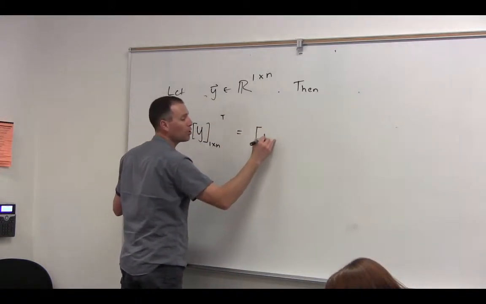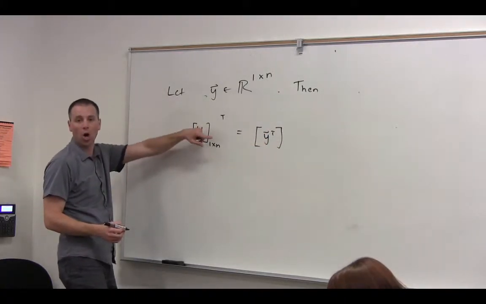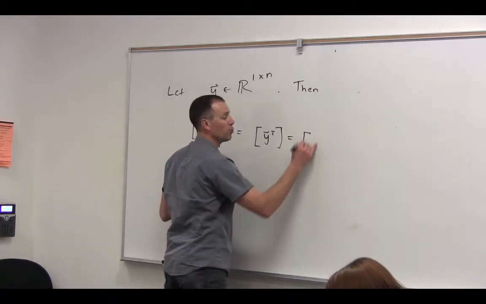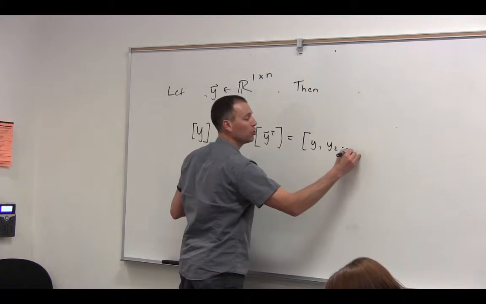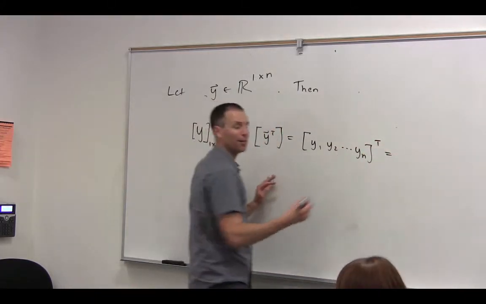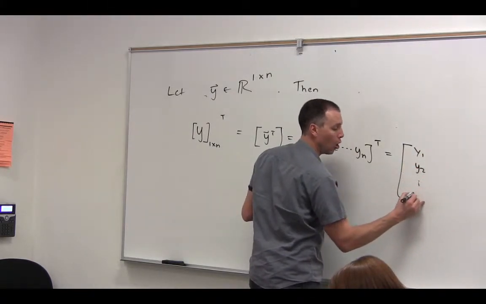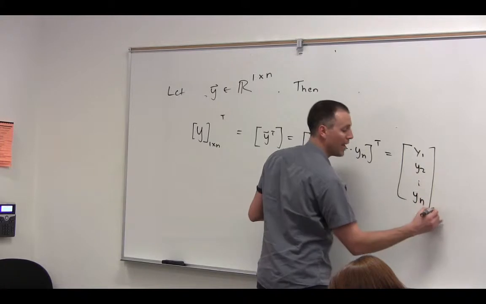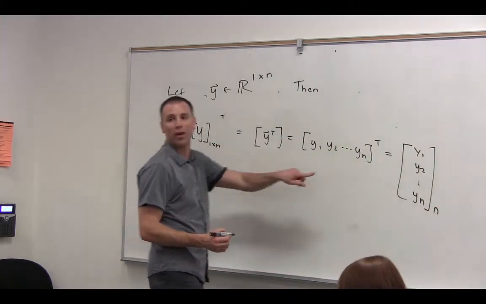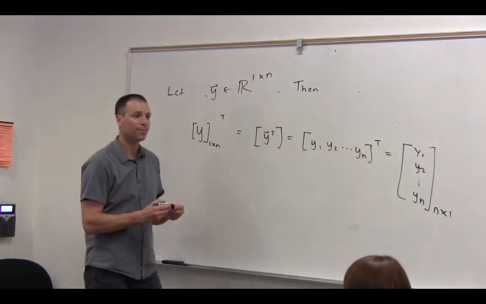Then y transpose: once we've taken the transpose, all the rows turn into columns, and the columns turn into rows. So this would be y1, y2, all the way to yn, transpose. And what does that look like? A column vector y1, y2, all the way down to yn. This thing had 1 row and n columns. The transpose has n rows and 1 column.